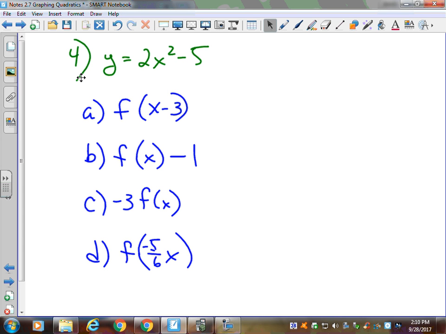And don't simplify any of them. Just type them not simplified. And see if they do what you think they're going to do with up, down, left, right for slides because of adding and subtracting. Or if I'm multiplying or have a negative that I'm working with, does it reflect, compress, or stretch? Does everybody understand the direction? All right, I'm going to let y'all try that one, then we're going to go over it.